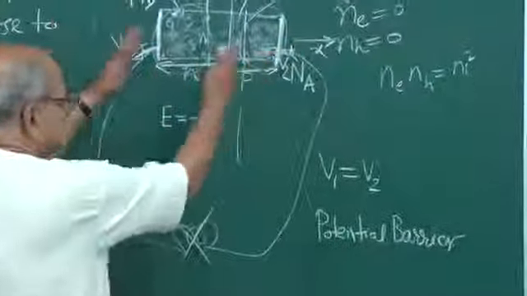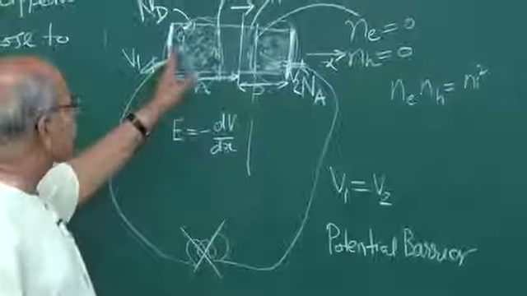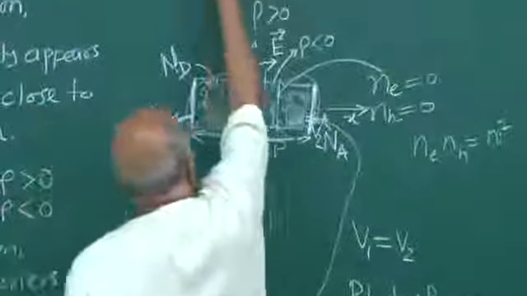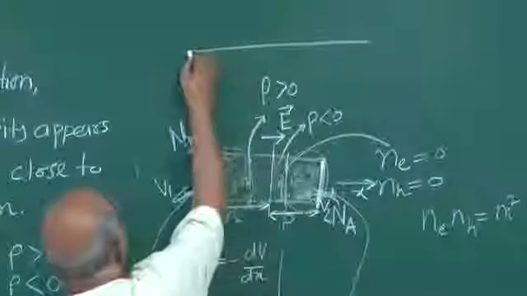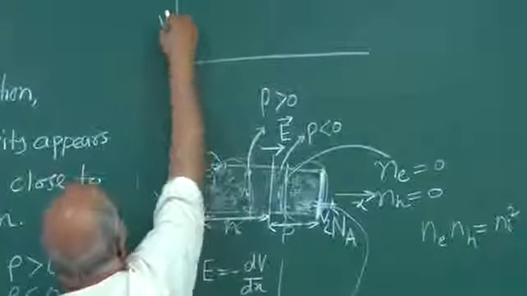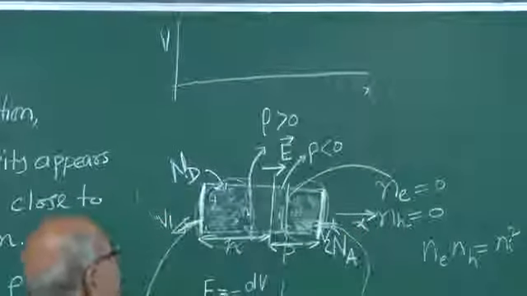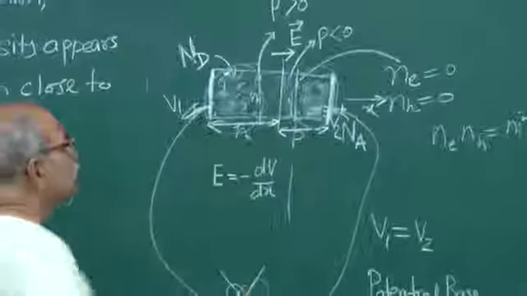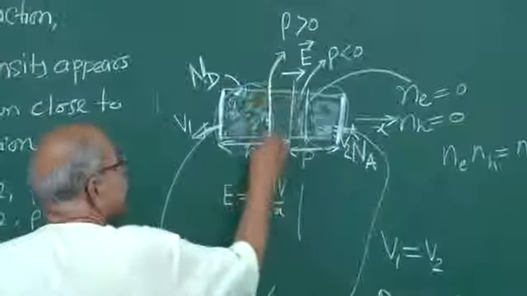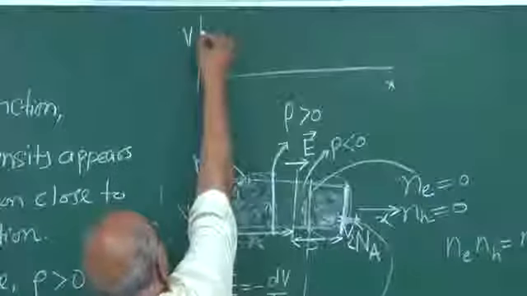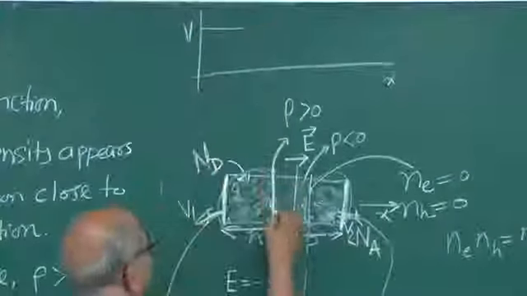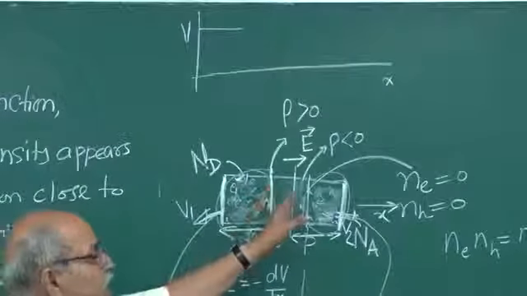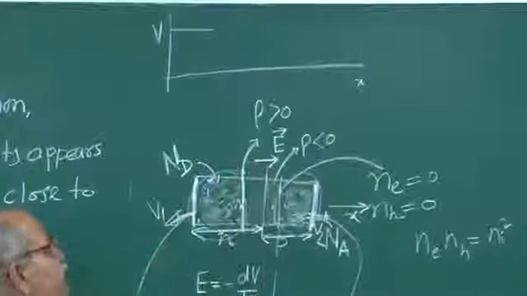If you remove the metallic contact, we are still in the semiconductor, and then if I plot the potential as a function of x, how will it look? This potential is higher and this potential is lower. Up to here, the potential is constant, and after that the potential will gradually decrease once you enter this depletion region because of this electric field.